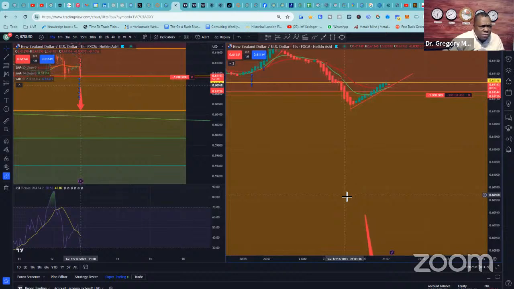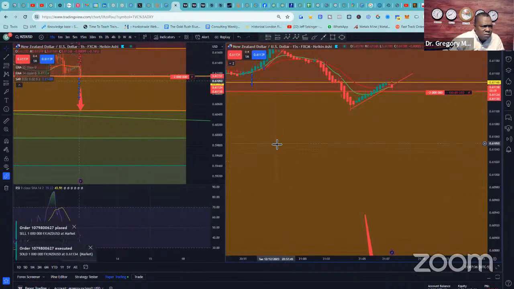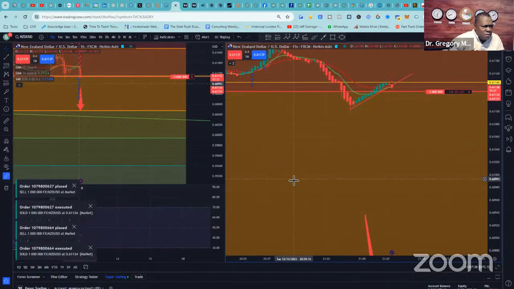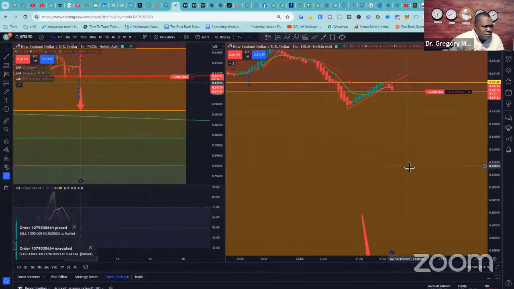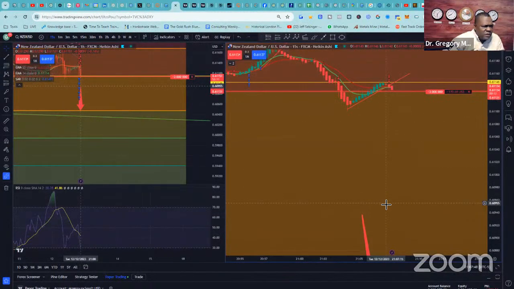$61.14. And let's handle off the wick. Let's see if it can come on down. Nice, nice flag pattern.